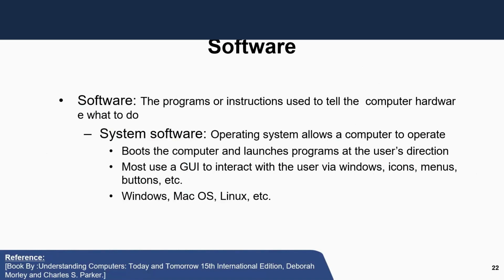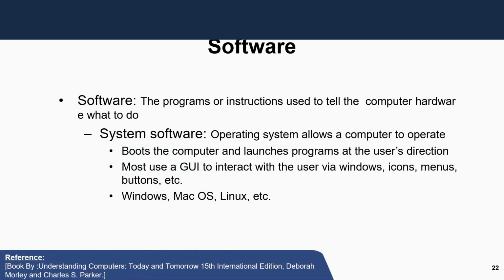You don't know what type of information it can accept. So a system software sits in between and communicates with your computer hardware, and it also communicates with you.